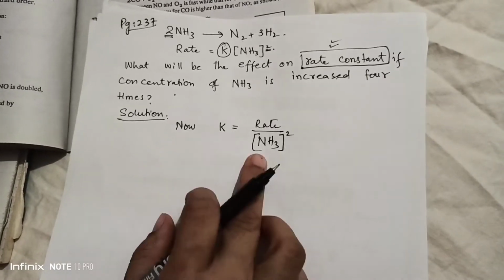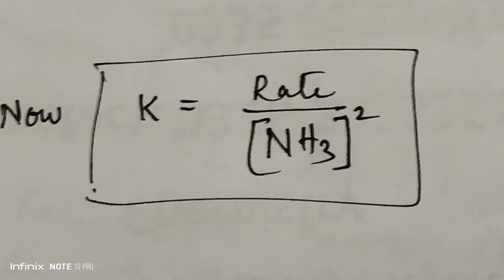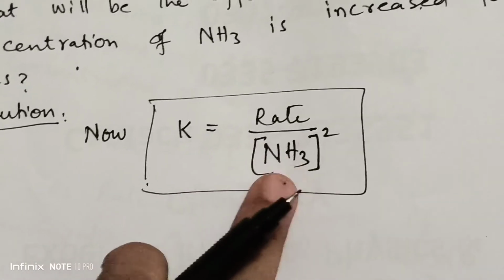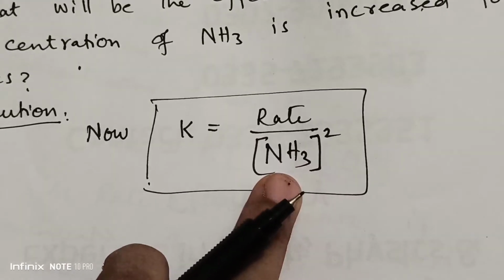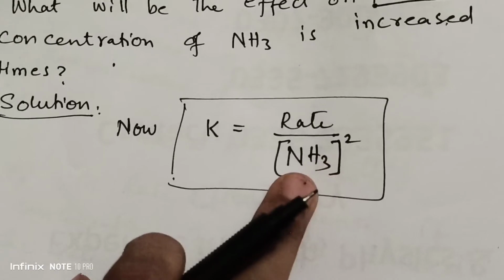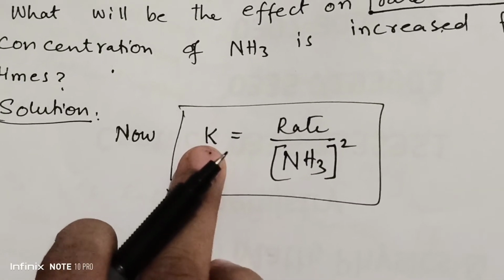The expression will become like this. The value of K will remain constant if the concentration of NH3 is increased or decreased. There will be no change in the value of K. Why?